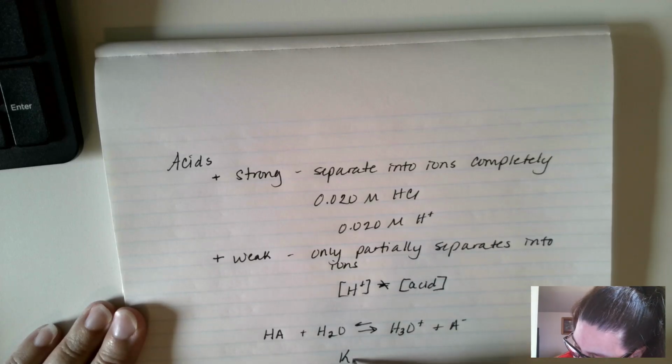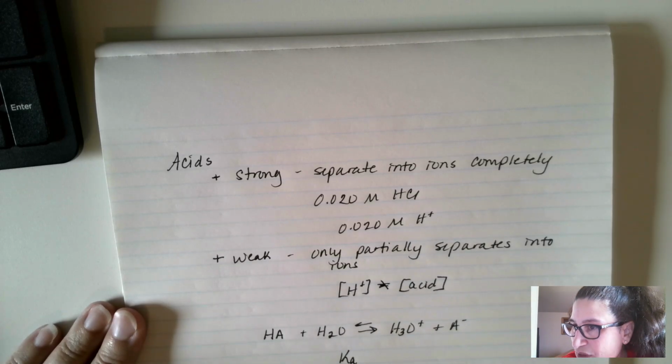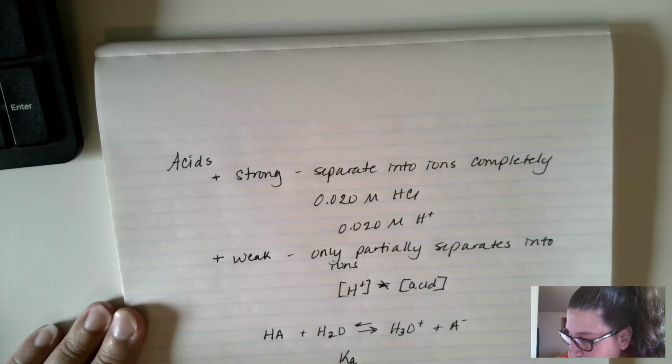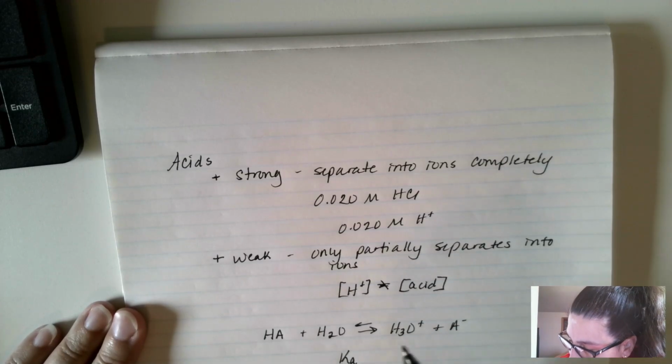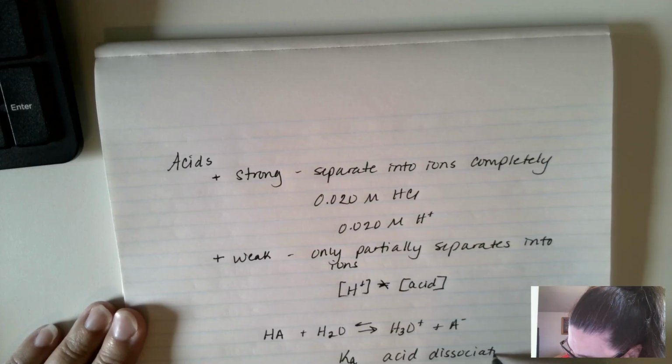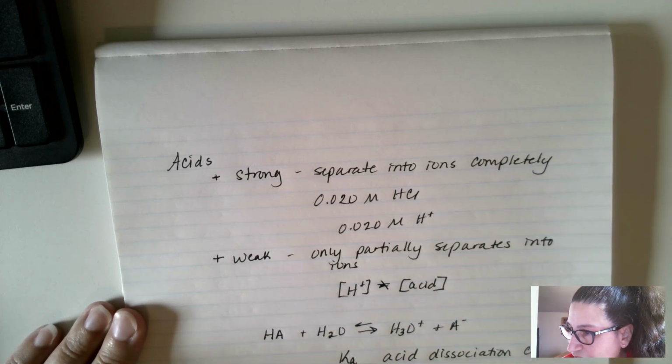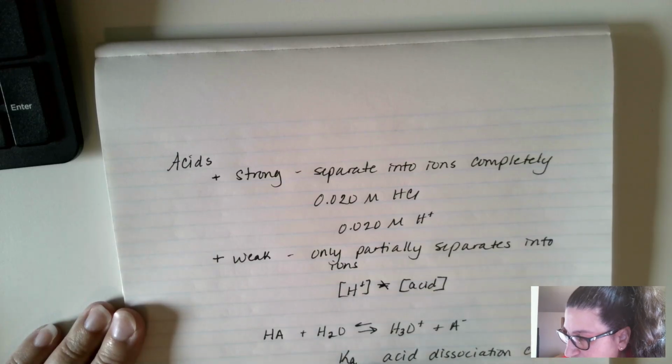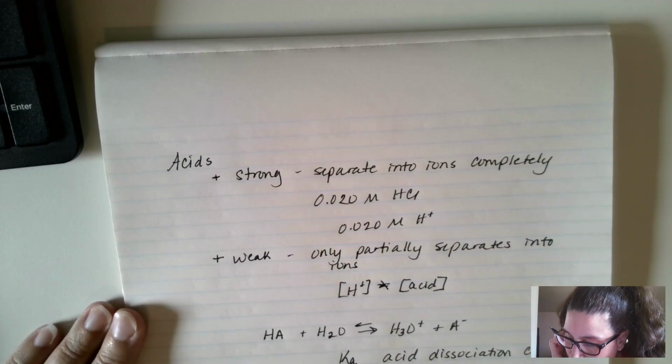Now we have a Ka for a weak acid, and Ka is your acid dissociation constant. This is constant for one particular acid at a particular temperature. There'll be a chart in your textbook that has a list of Kas for all of the acids you would probably need.